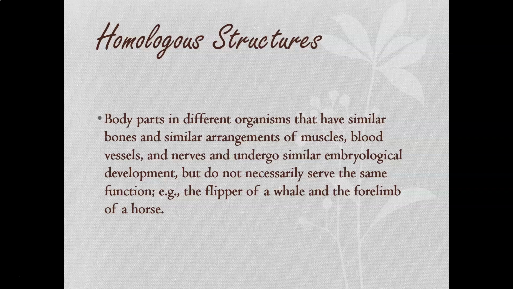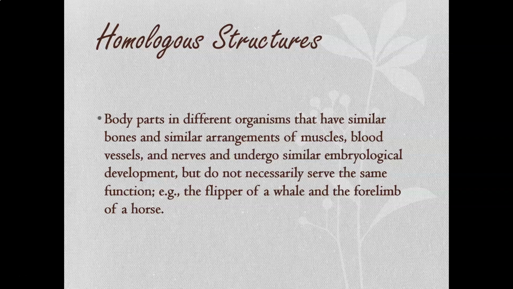Now, that being said, these homologous structures don't necessarily look identical to each other. It's just that the arrangement of the bones, the muscle, the blood vessels, so on and so forth, are all very much connected in the same ways, nor do they necessarily need to serve the same function in the organism itself.